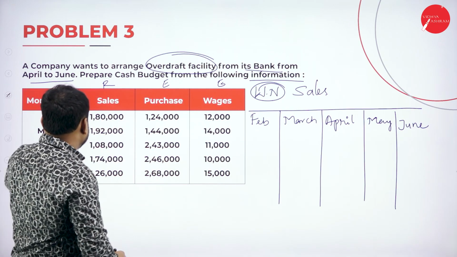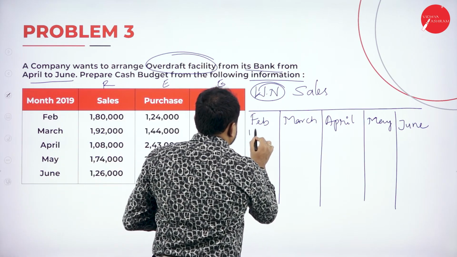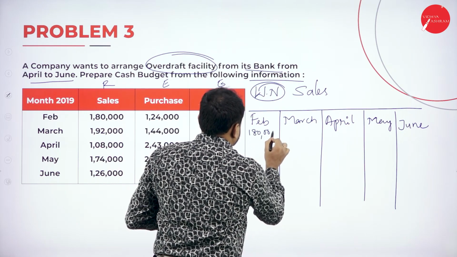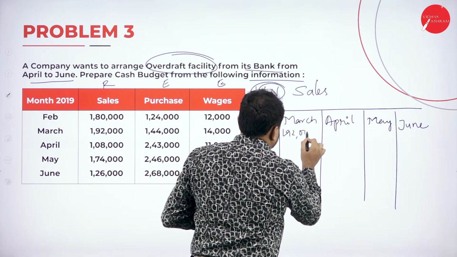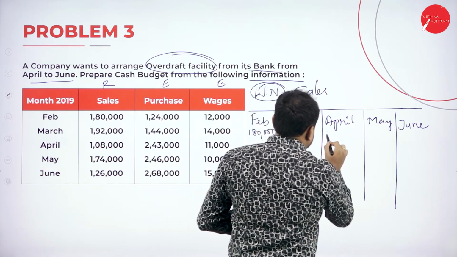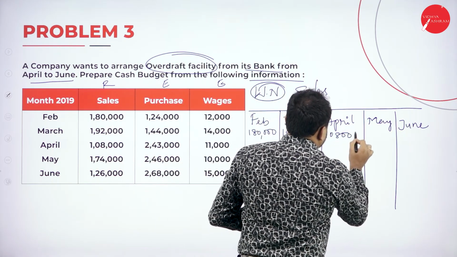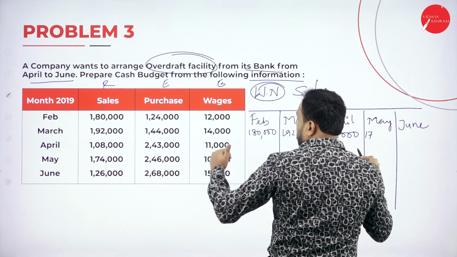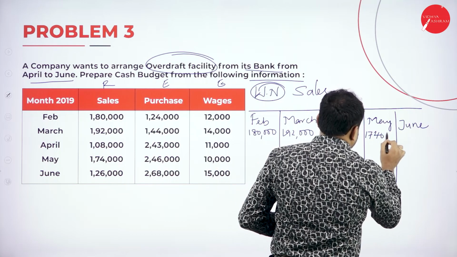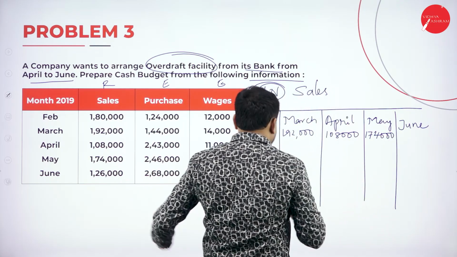Now, the sales was how much? 1,80,000. Then 1,92,000. Next is 1,08,000. Meanwhile, I want you people to calculate before me. 1,74,000. And the last one is 1,26,000.